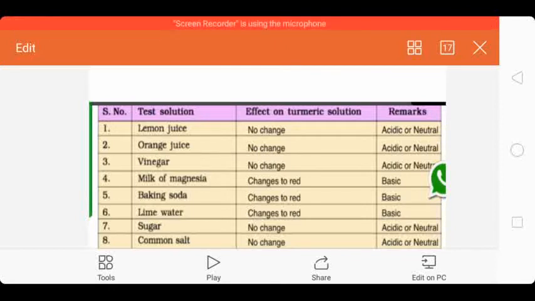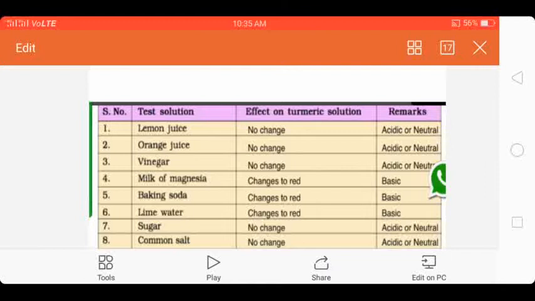Lime water. Lime water is actually calcium hydroxide. It is a basic substance, and since it is a basic substance, when turmeric solution is added, it turns red. Now next one is sugar. Sugar is actually a neutral substance. When turmeric solution is added into a neutral substance, there won't be any change, so it can be an acidic or a neutral substance, and it is neutral.